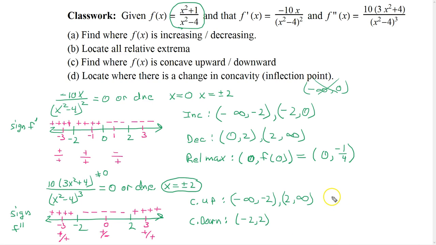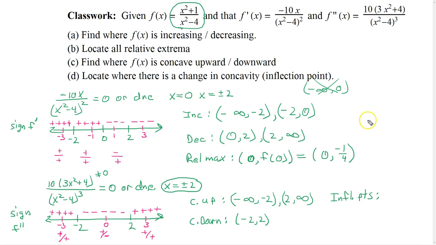Now let's identify any inflection points. Well, we see we have a change in concavity at -2, concave up to concave down. However, if we try to put -2 into the function up here, we see the denominator is 0.